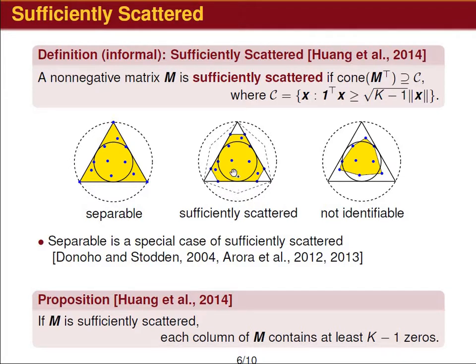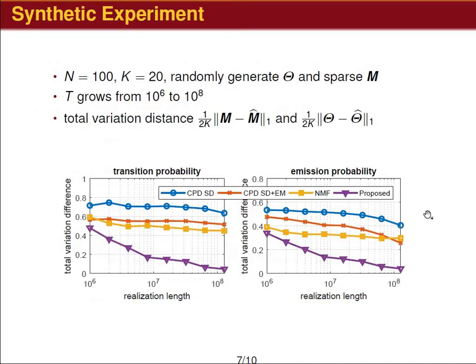Furthermore, we show that if a matrix is sufficiently scattered, then it's sparse and almost equivalent to sparsity. So latent sparsity usually leads to identifiability guarantees using the special formulation that we propose.